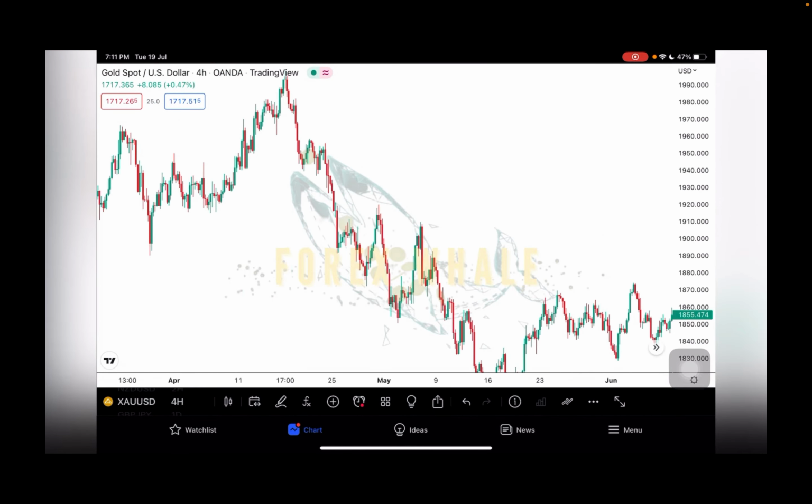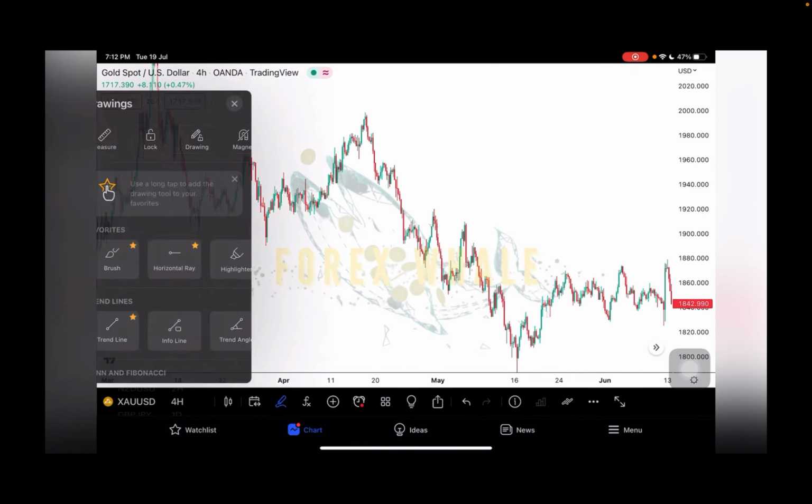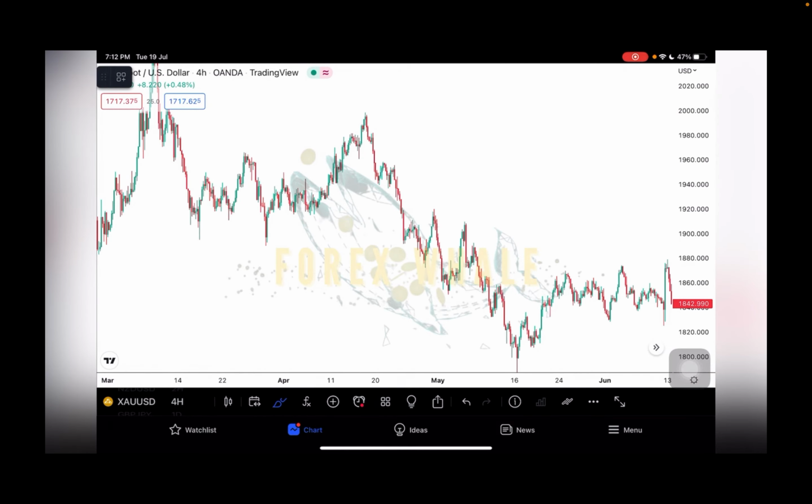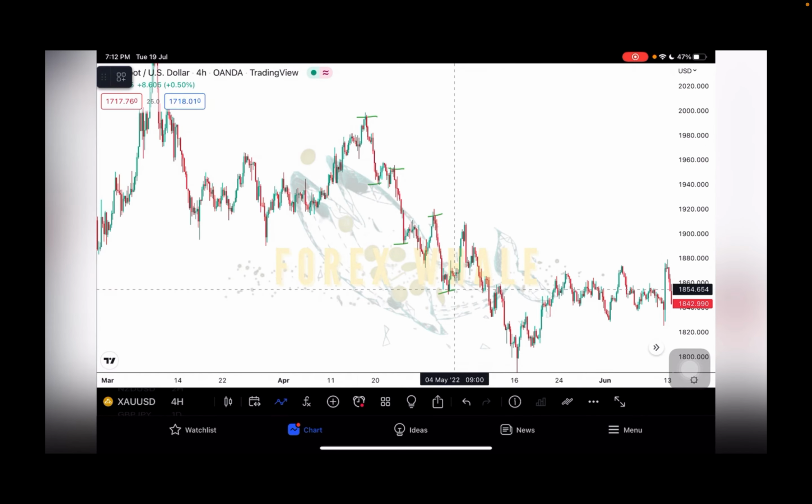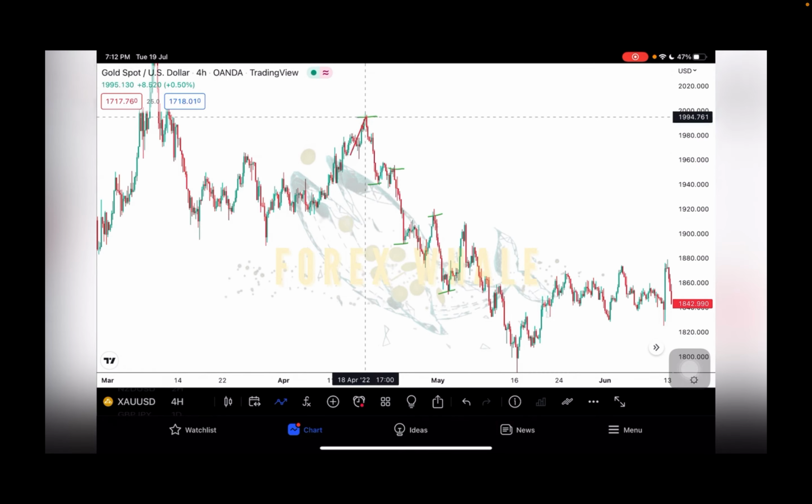So as you can see here, price created this move. I'll just use this path to help me see what's going on in the chart.